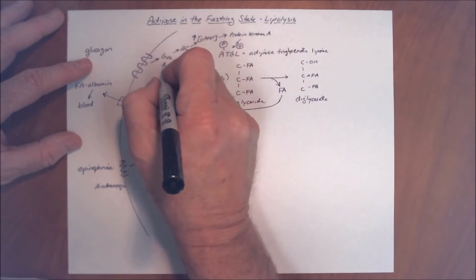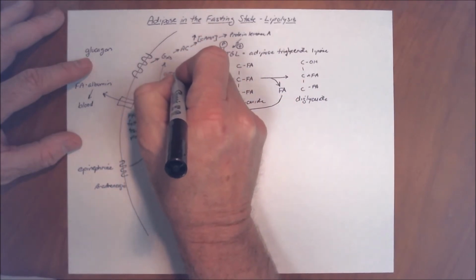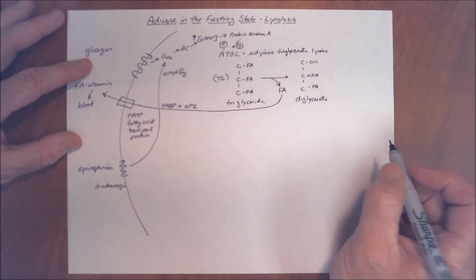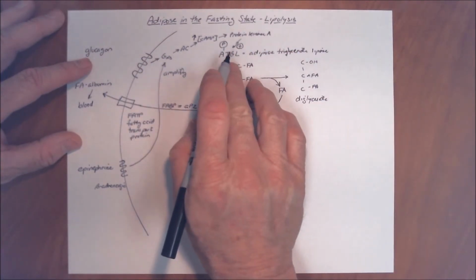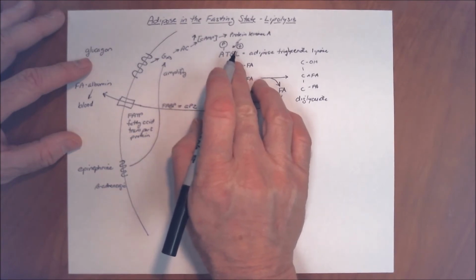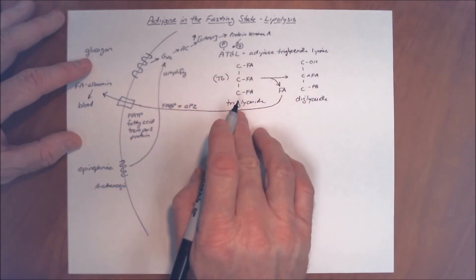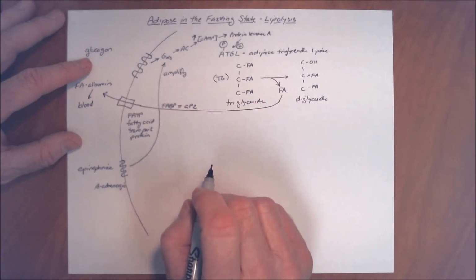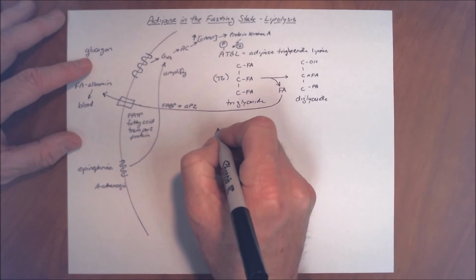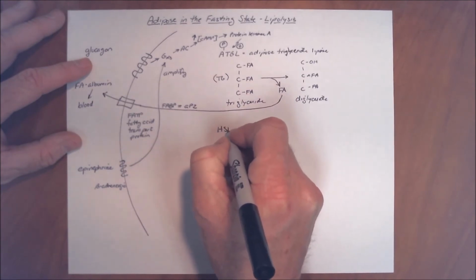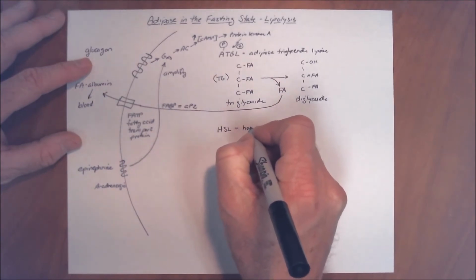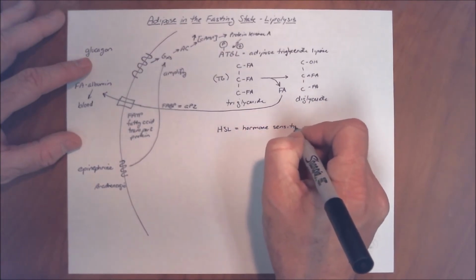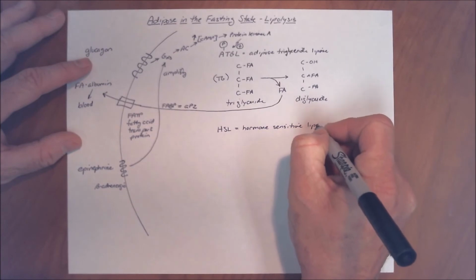This is going to amplify the cytosolic signal, leading to increased activation of ATGL to transform our triglyceride to diglyceride, releasing a fatty acid. The next enzyme that will become activated is called HSL. This stands for hormone sensitive lipase.